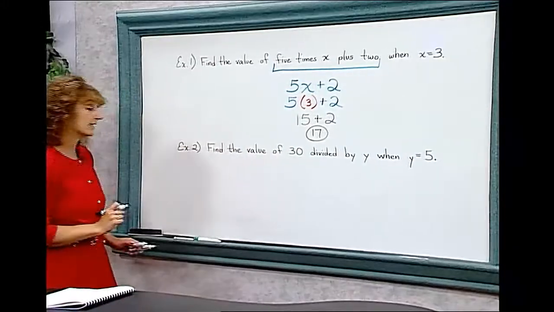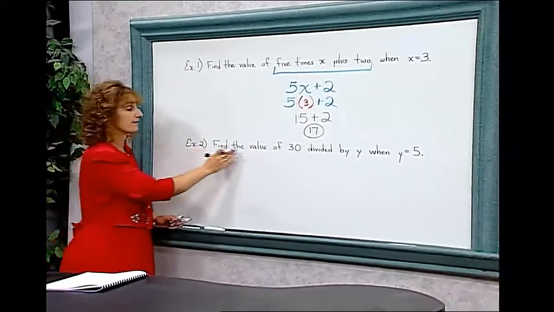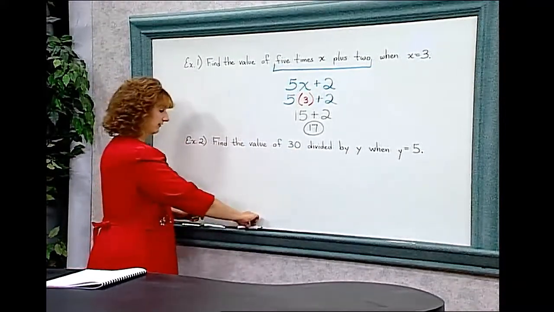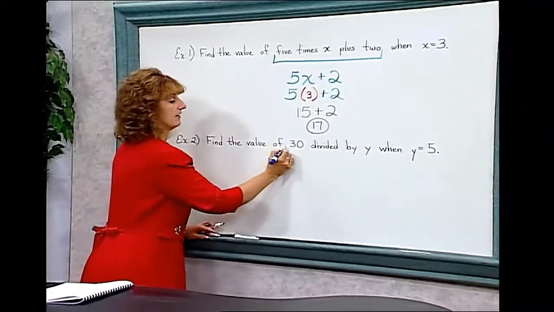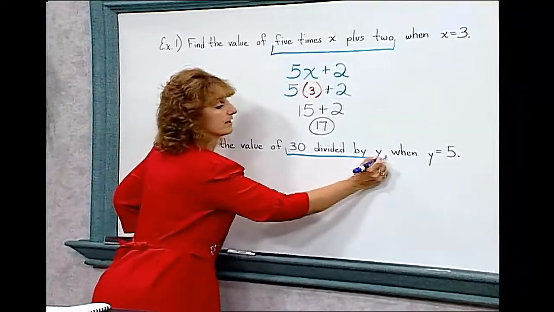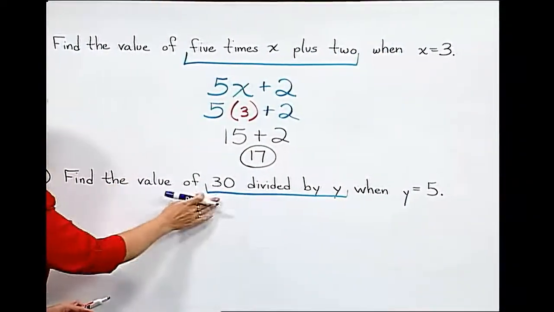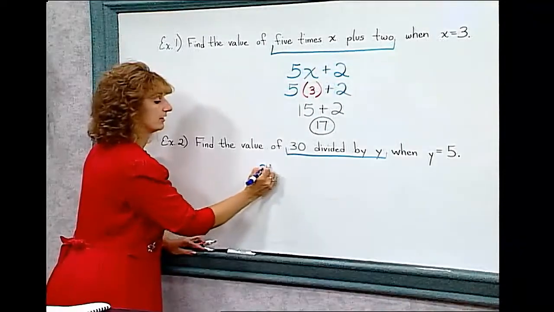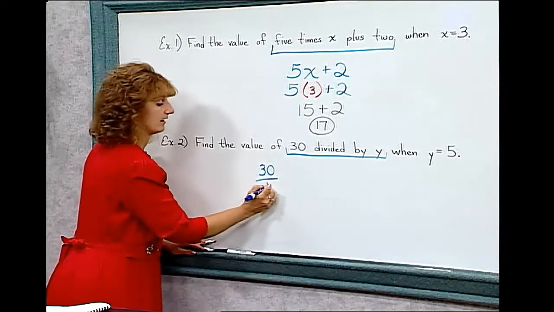Let's look at our second example. Find the value of 30 divided by y when y equals 5. Again, this part here, 30 divided by y, must be translated from English into algebra. 30 divided by y.